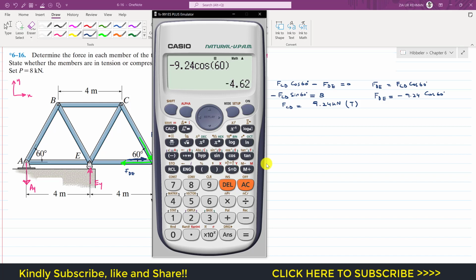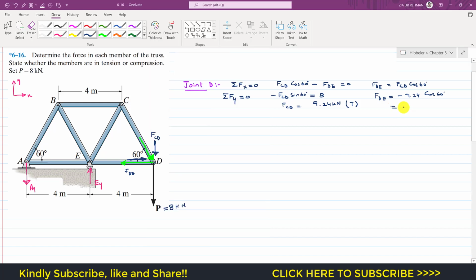So this is minus 4.62 kilonewton, and again we get a minus sign, so this means that the assumed direction of FDE is also not accurate. So we can say that the FDE magnitude is 4.62 kilonewton and we need to reverse the direction. So FDE is acting towards this joint D. If it is acting towards this joint D, this means that the DE member is in compression.